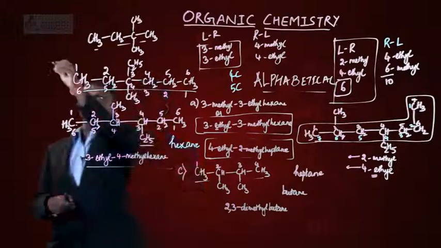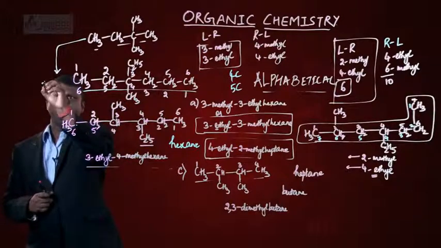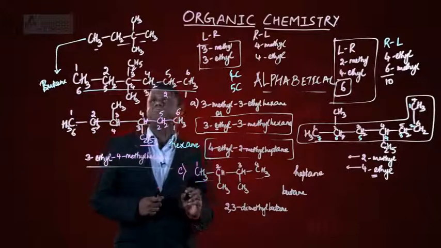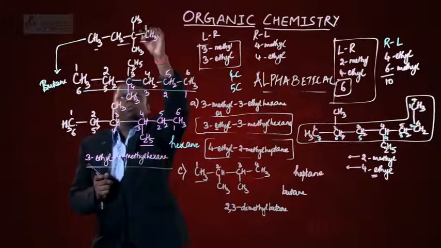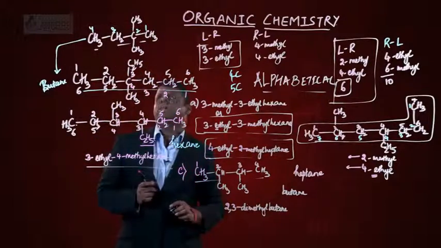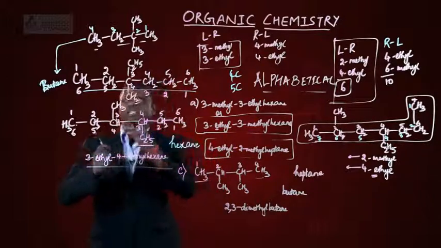So it is going to be a derivative of, I'm just writing it here, butane. Now if it is going to be a derivative of butane, again you have to start numbering. It is 1, 2, 3 and 4. So that means at position 2 you have one methyl group, at position 2 you have another methyl group.